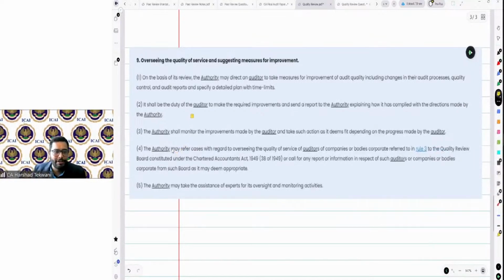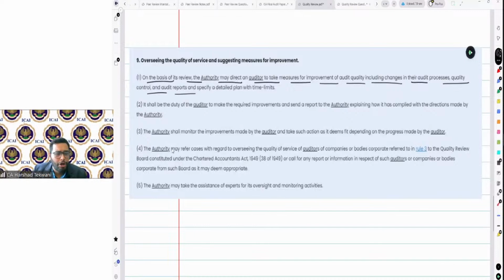The first point of the rule says that on the basis of its review, the authority may direct an auditor to take measures for the improvement of audit quality, including changes in their audit process, quality control, audit reports, specifying a detailed plan with the time limits. It shall be the duty of the auditor to make the required improvements. The authority shall monitor the improvement made by the auditor.